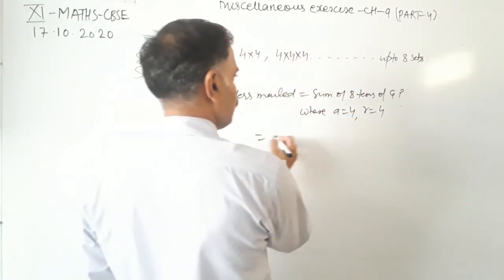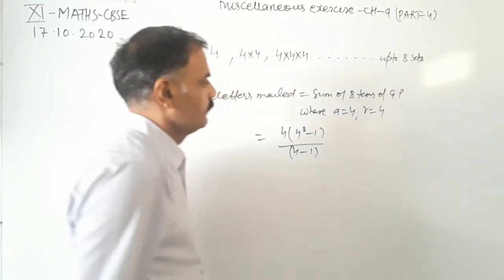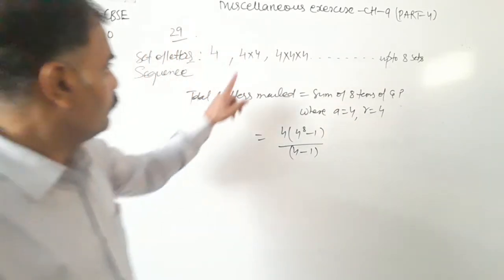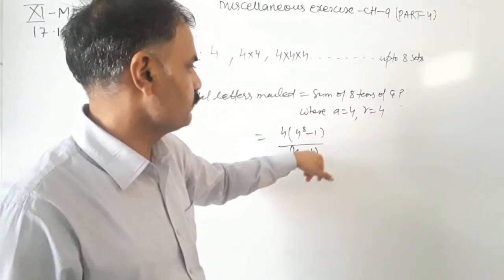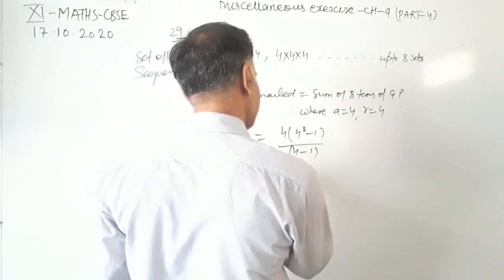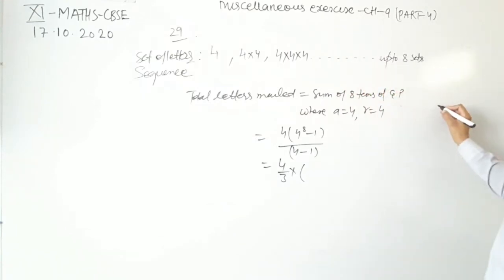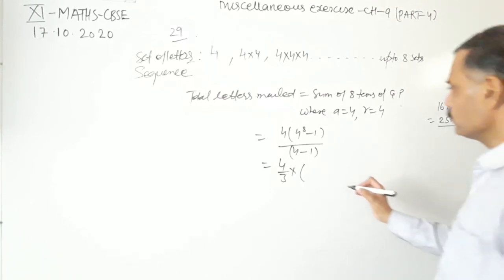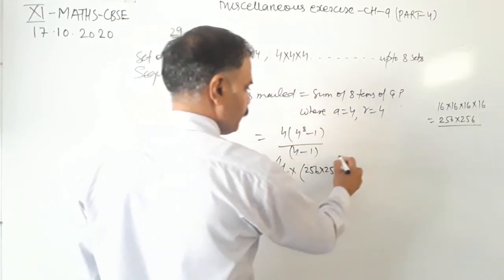So this is equals to 4 into 4 to the power 8 minus 1 upon 4 minus 1, that is a into r to the power n minus 1 upon r minus 1. 4 4s are 16, 16 16s are 256, so we have 256 into 256. This is the total number of letters.